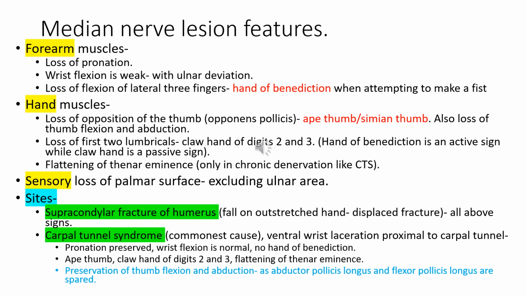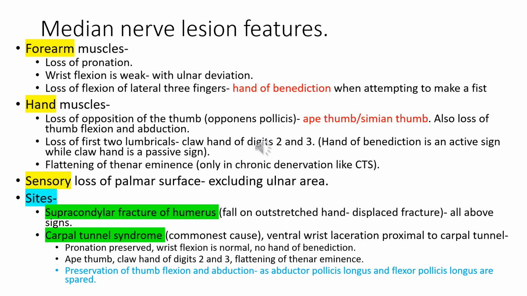And also because of loss of all these thenar muscles, there will be a flattening of thenar eminence when the median nerve is chronically lost. It's a chronic denervation like in carpal tunnel syndrome. Now about the first two lumbricals, or the lateral two lumbricals, these are also lost, and as a result the normal action of the lumbrical is MCP flexion and interphalangeal joint extension.